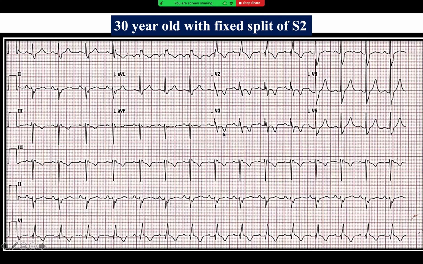Yeah? And there is right ventricular hypertrophy as well. And you do notice there's a R' pattern in the V1. So what does it point out to? ASD. But Ostium Primum.